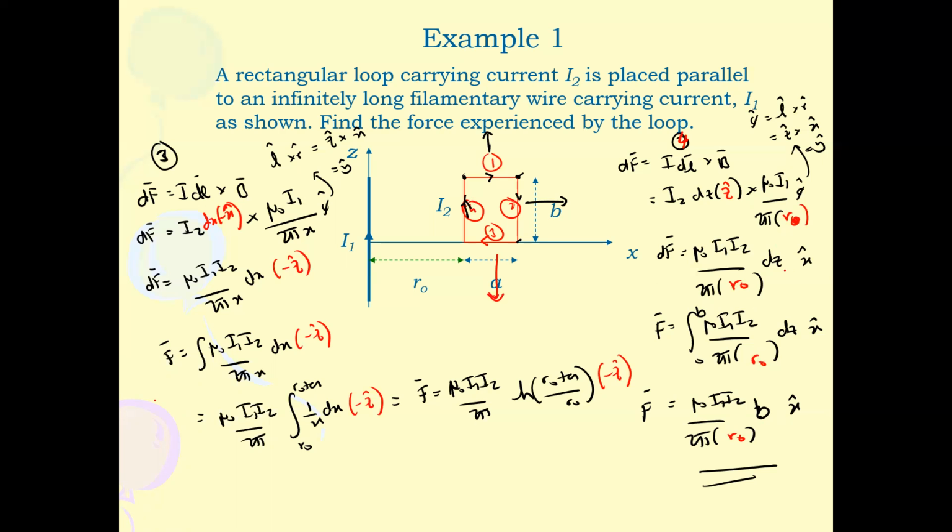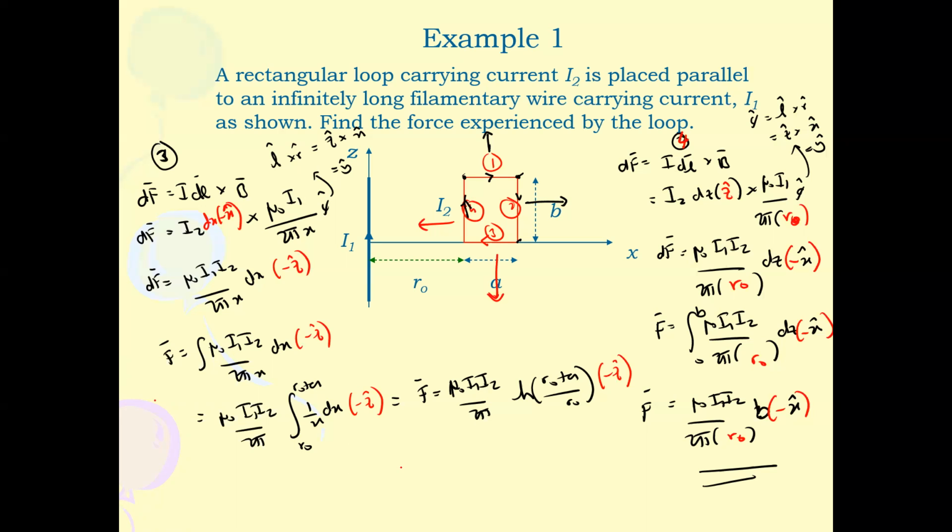So Z cross Y will give us negative X. So remember, that should be the negative X direction. That should be the answer for the force on side number 4. Again, based on this equation, the force on side 4 will be directed towards negative X, which is again pulling side 4 away from the structure. So this will be the force experienced by sides 1, 2, 3, and 4.